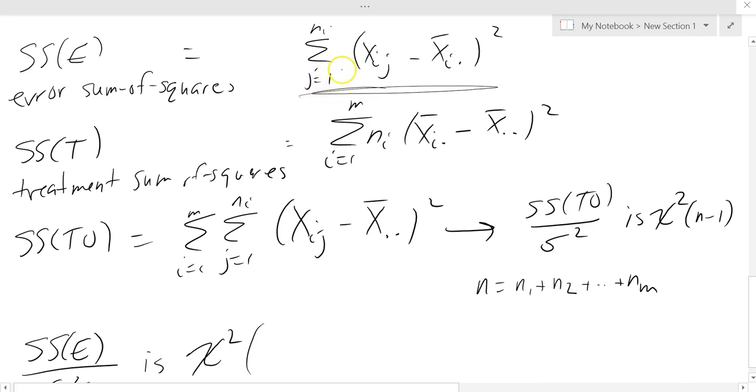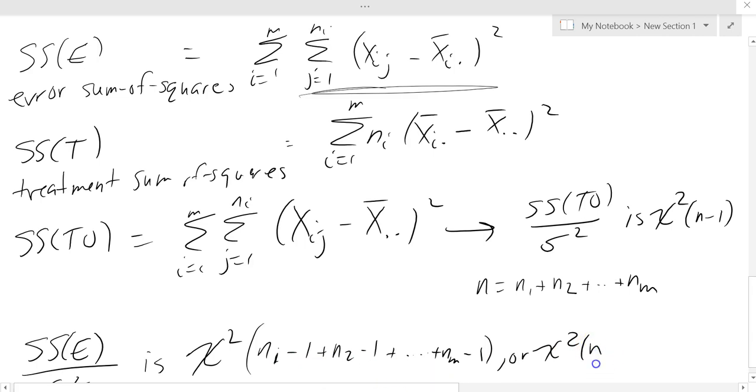Each individual one of those is chi-square of n sub i minus 1. So when I add all of those back together again, this is going to be chi-squared of n1 minus 1 plus n2 minus 1 plus up to nm minus 1. The sum of the n sub i's we just said was n. And how many 1's do we have in there? m of them, yeah. So we get chi-squared of n minus m.